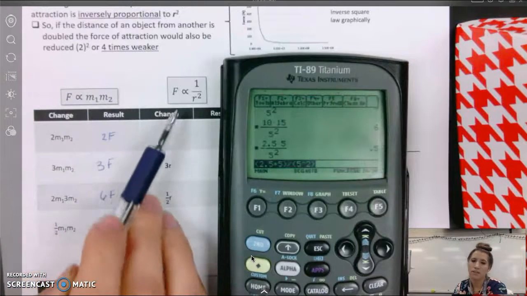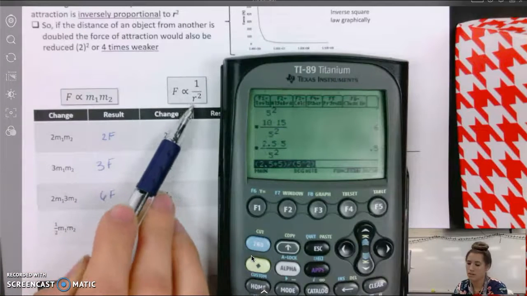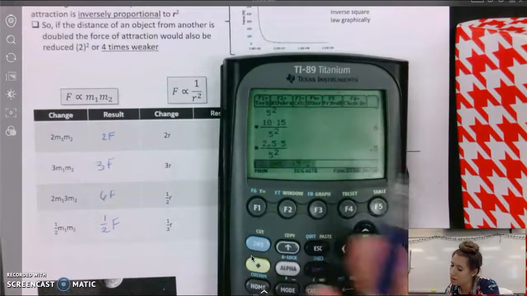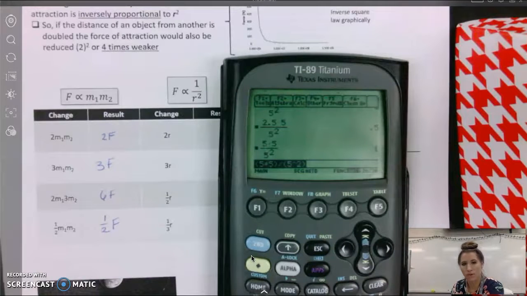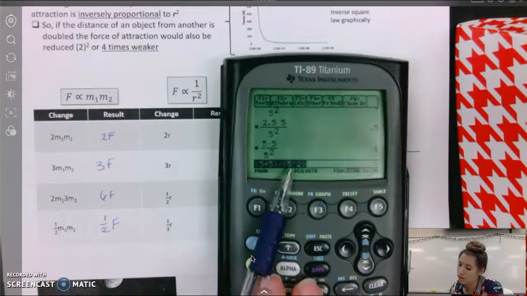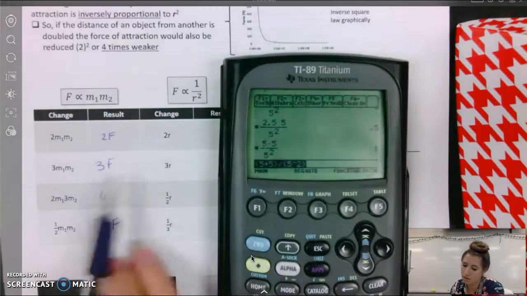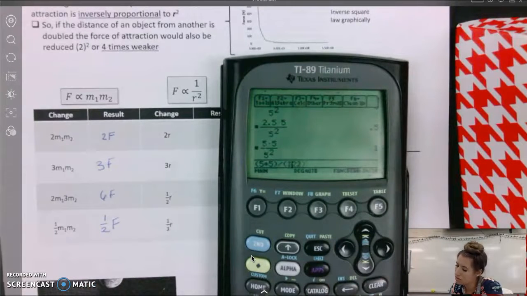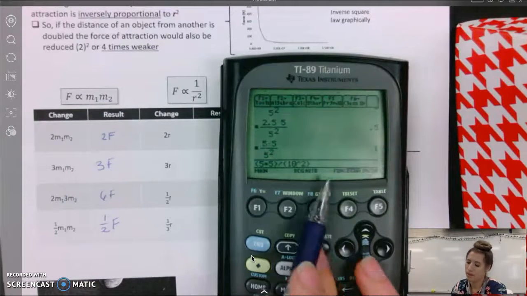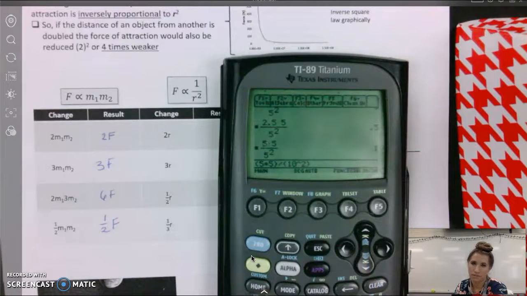Okay? Now let's make some changes for that distance between the objects. So we'll go back to our base again. 5 multiplied by 5 divided by 5 squared, right? And the force is 1. Now let's change this distance component to be twice as much. Okay. Remember, we have the squared factor. And so it's going to be a fourth.